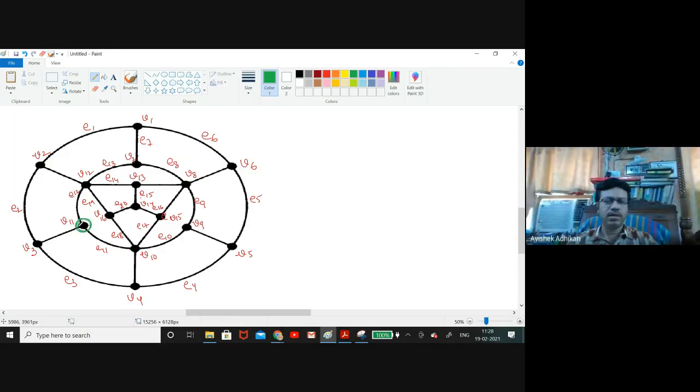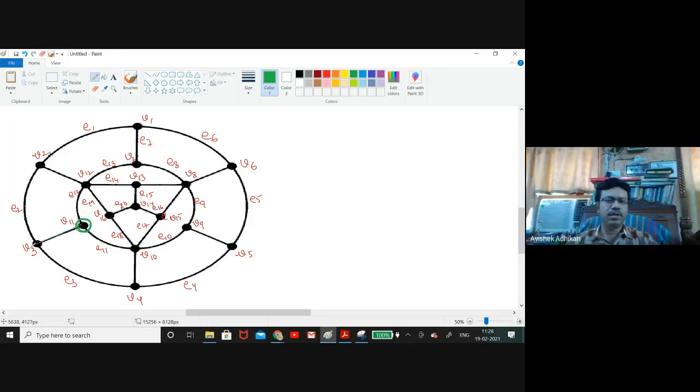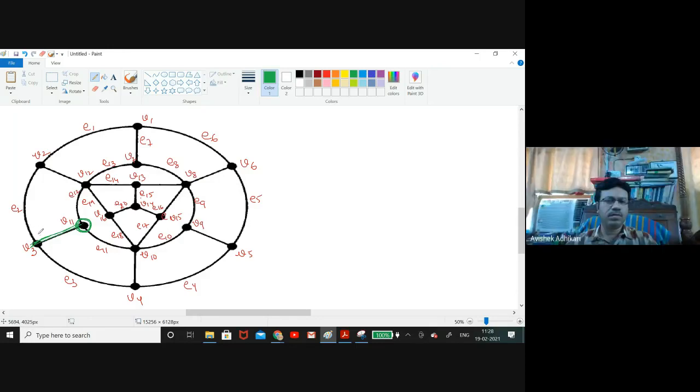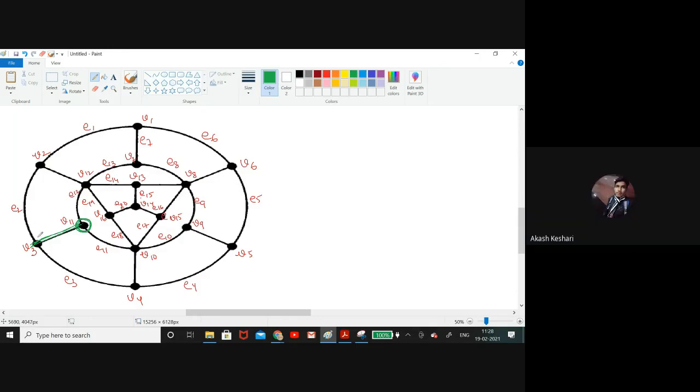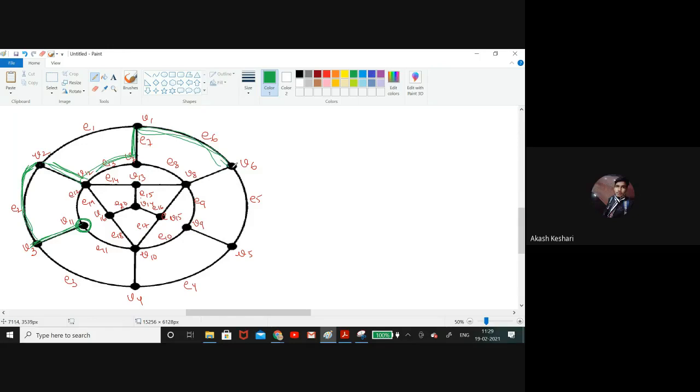From here to V3, V3 to V2, then V2 to V12, V7, V1, then V6, then V8.